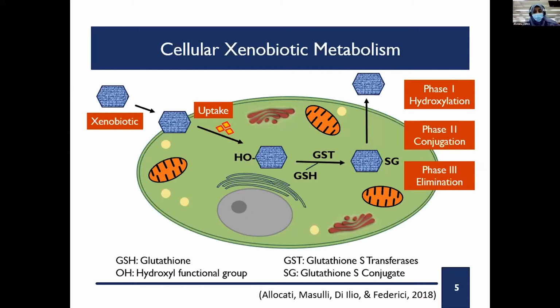Then these reactive intermediates are further conjugated with glutathione and some other components, and as a result of this conjugation, the resulting conjugate is later eliminated from the body. So there are mainly two phases. Phase one is based on hydroxylation reactions, and phase two involves enzymes which facilitate conjugation.